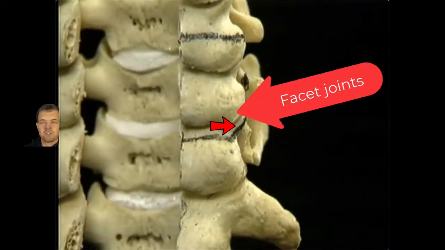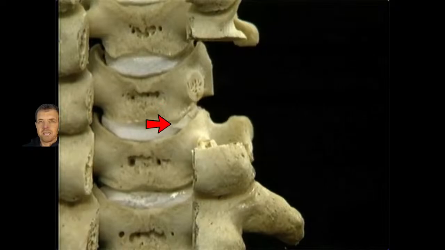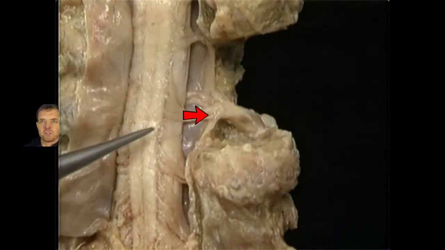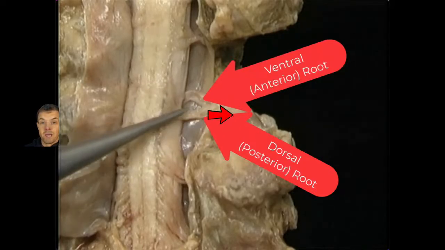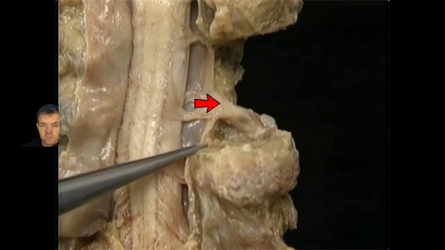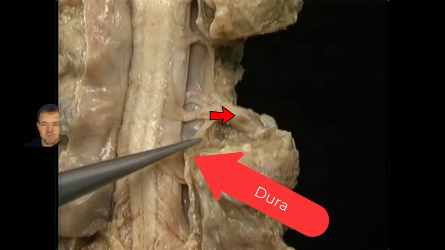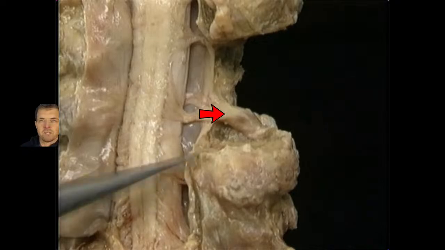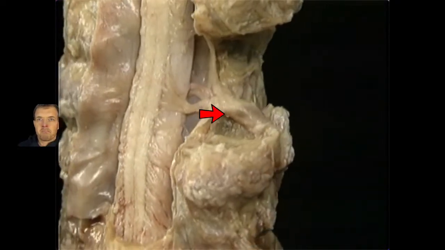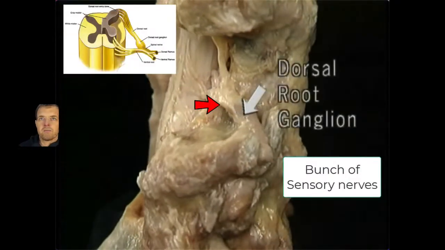Okay, so these are the bits that we're talking about. So there's your facet joint. Just taking the facet off so you can see where the nerve root goes through. There you go. So it's around this area where a herniation will usually occur and mechanical irritation will usually occur. Okay, so it's this region here. Cool, there you go.